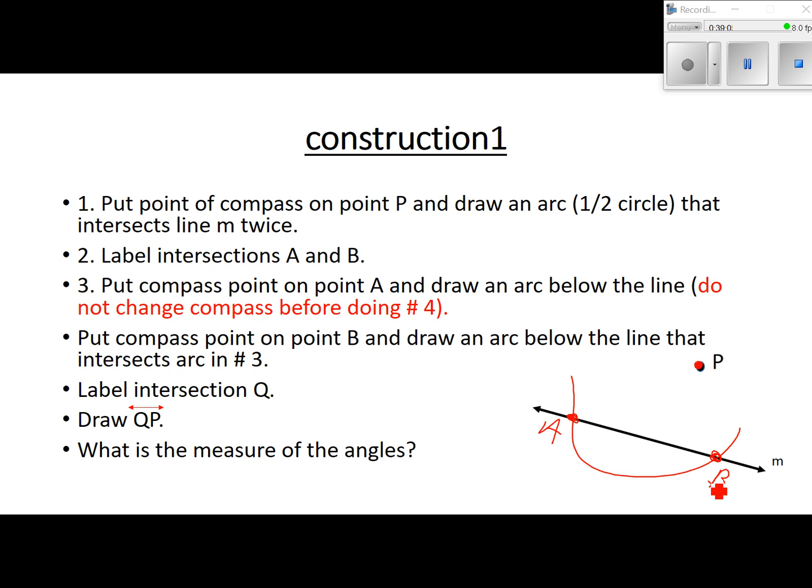Then you're going to take your compass and put the point on A and draw an arc. You probably want to do it below. I don't have any space below, so I'm going to do it above. You're going to put your point right here, and draw an arc up here that maybe looks something like that, or down below.